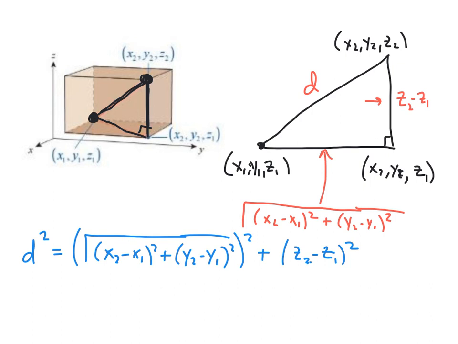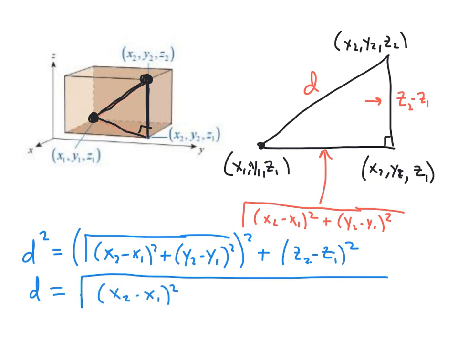Right? And so we can just take the square root of each side. So of course we want the positive square root on the left side. We want d. And we want the square root of all of this. Now notice that in this first term we have the square root squared, and those will cancel each other out. So we're just left with x2 minus x1 squared plus y2 minus y1 squared, and then plus z2 minus z1 squared.